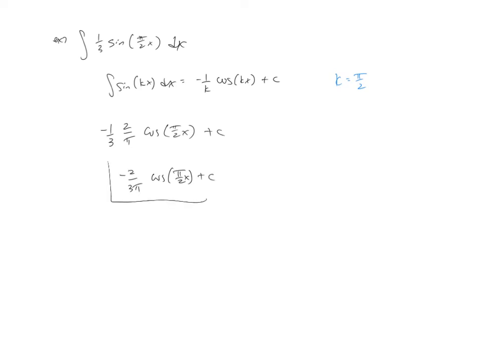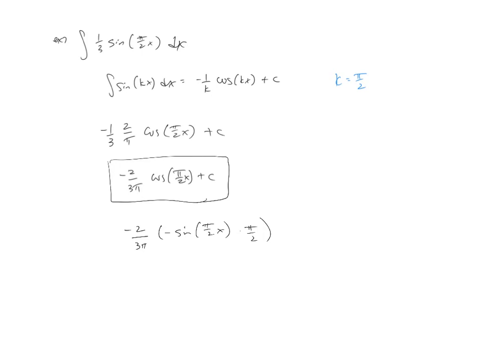So again, let's just take a moment and confirm that this is truly the antiderivative by taking the derivative of it and hoping it takes us back to where we started. So if I take the derivative of this thing, I have my negative 2 over 3 pi. I'm going to have a negative sine of pi over 2 x back times the derivative of the inside, which would be pi over 2, and then the plus c goes off to 0.